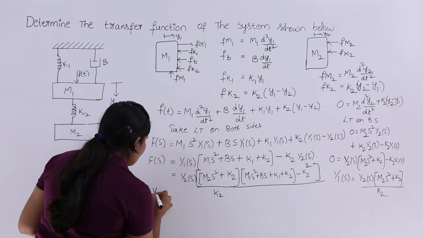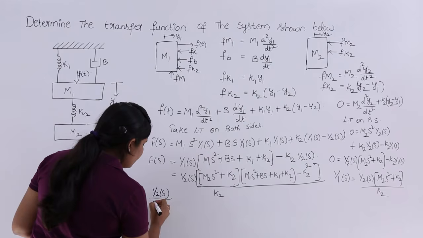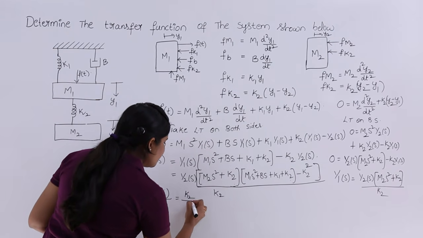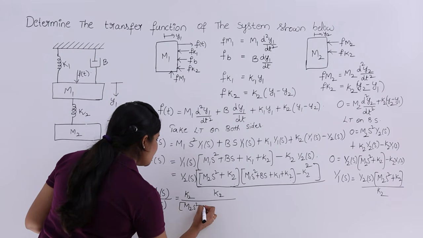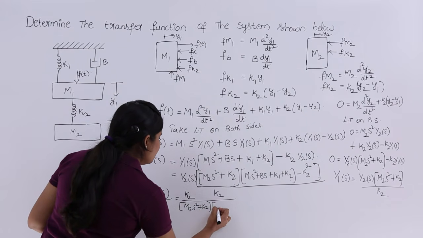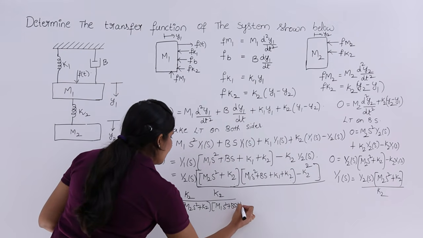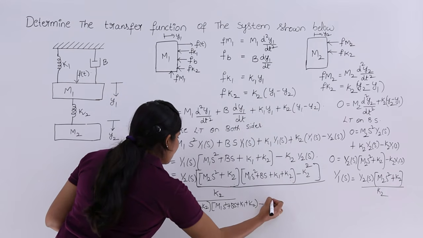So finally, the output transform y2 of s by f of s is equivalent to k2 divided by (m2 s square plus k2) into (m1 s square plus bs plus k1 plus k2) minus k2 square.